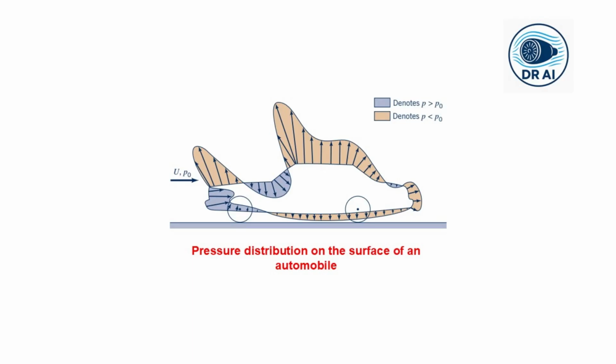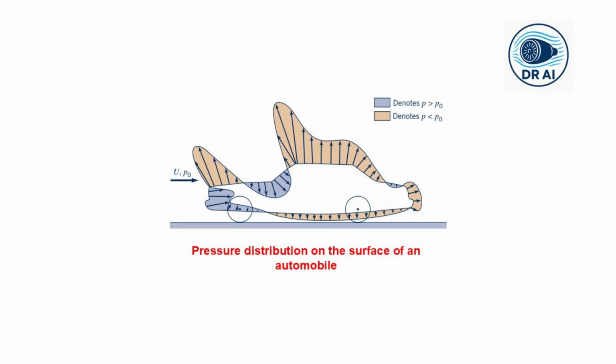Now look at the overall pattern. The low pressure areas on the top surfaces are larger and more extensive than the high pressure areas on the bottom. When you integrate this pressure distribution over the entire car surface, you get a net upward force, which is the lift.